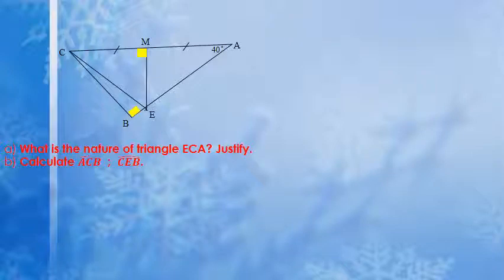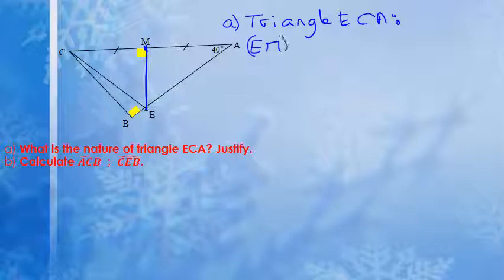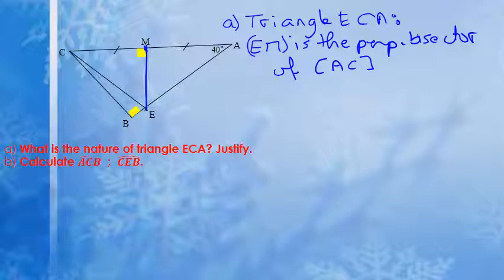Now, given this figure in part B, what's the nature of triangle ECA? If we look at triangle ECA, we can see that M is the midpoint of CA and EM is perpendicular to CA. Then line EM is the perpendicular bisector of segment AC.